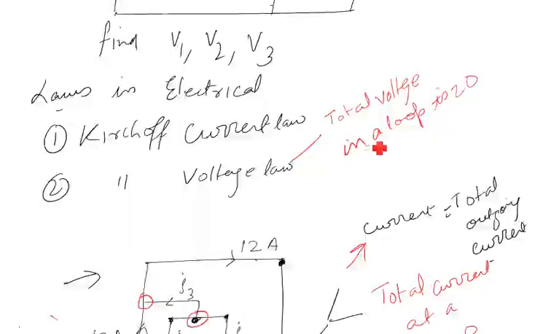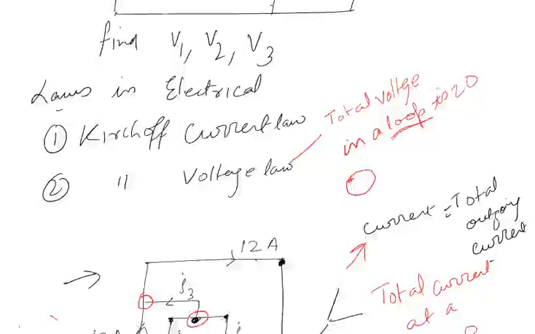Here Kirchhoff voltage law says you have to check for the loop. Loop means something that starts and ends at a point. It starts from the same point and ends at the same point, that is a loop. So if you calculate the total voltage in a loop, it must be equal to 0.